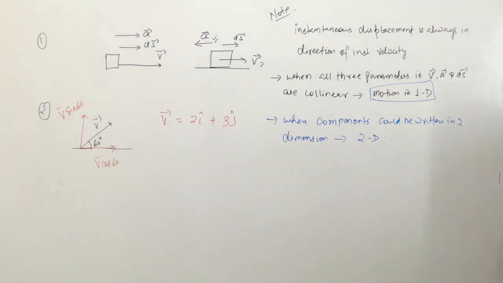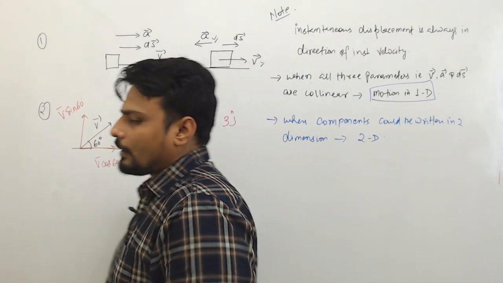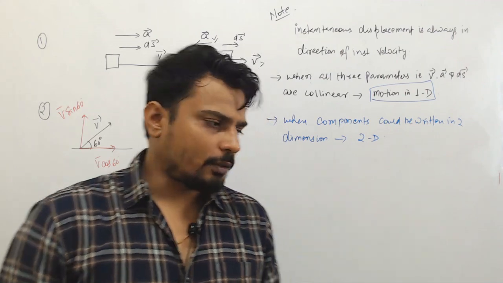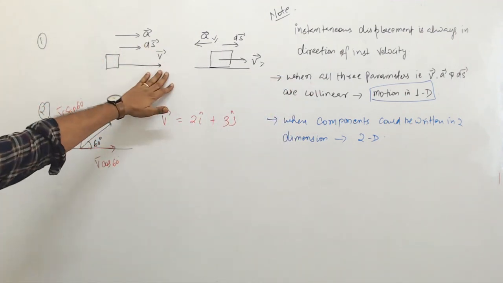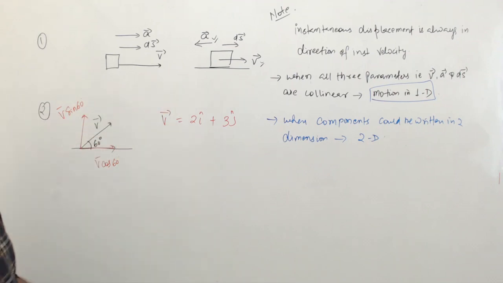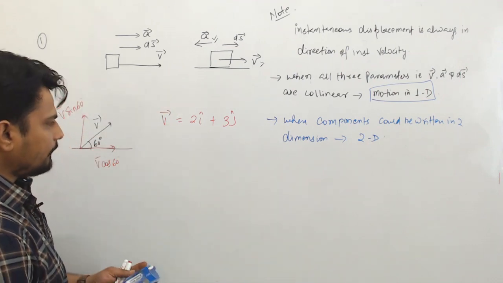Very good, write down motion in 1D, motion in 1 dimension, and the basic criteria for the motion in 1 dimension is it should be collinear, and this is the standard format of the motion in 1 dimension. There is one more type of motion in 1 dimension.